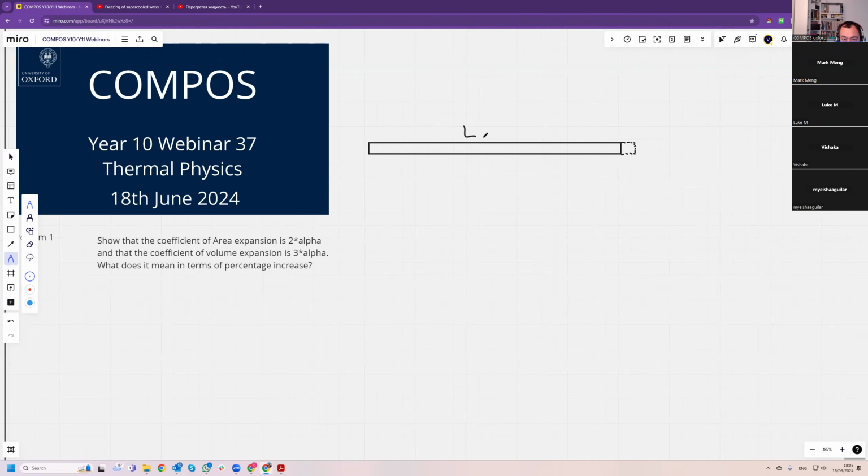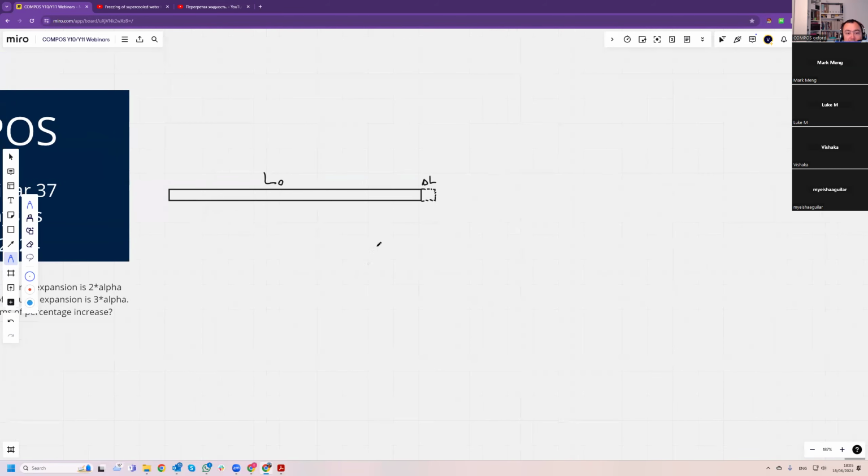We call the original length L0, and the additional length delta L. And it turns out that if you divide the additional length by L0, it equals alpha multiplied by the change in temperature, where alpha is the coefficient of thermal expansion.